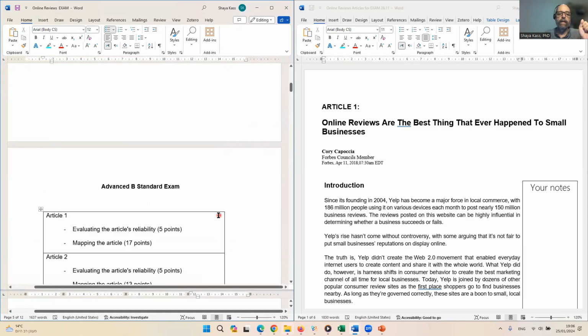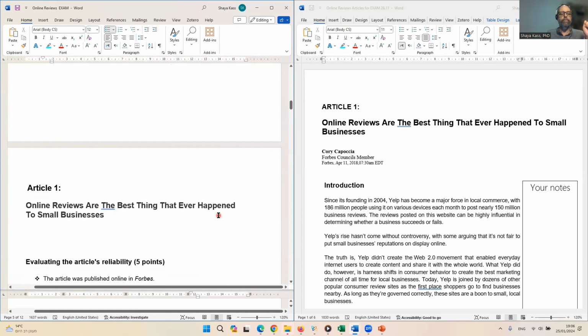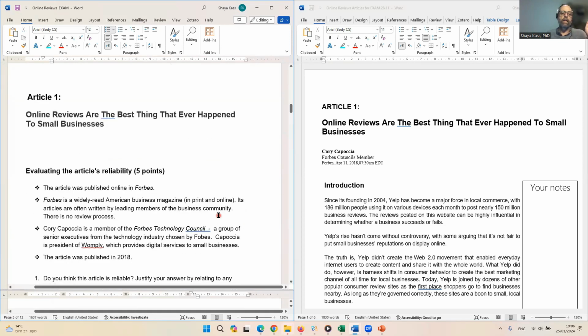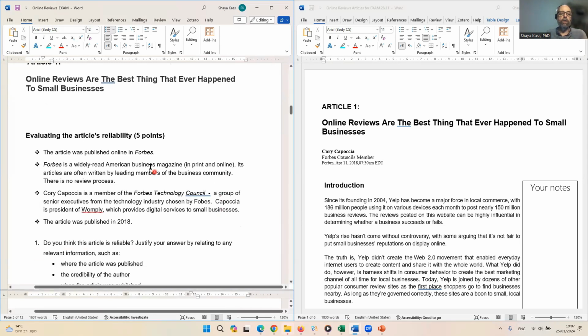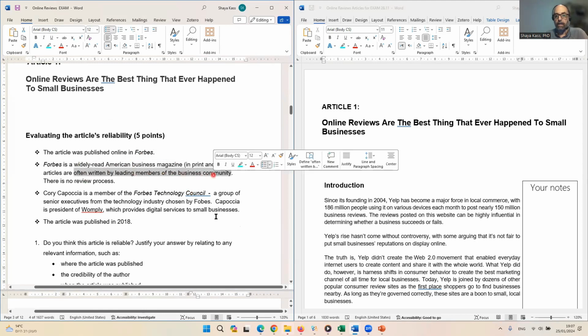If it's not peer-reviewed, as the first one is not peer-reviewed, then you have to decide if where it was published is good or not. So this article is published in Forbes, and Forbes is a widely read American business magazine. Articles are often written by leading members of the business community. So you have to decide if this is good or not good.